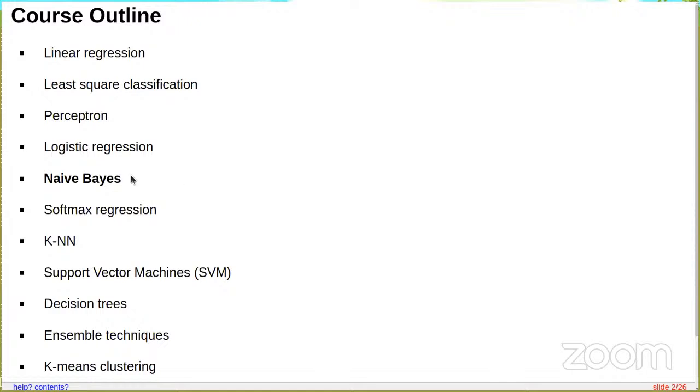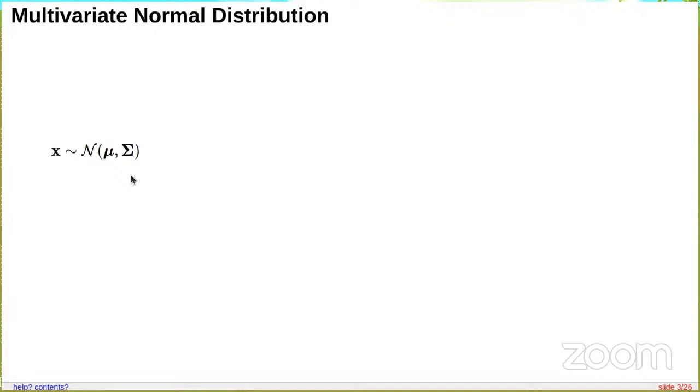So we are in Naive Bayes. The idea in Gaussian Naive Bayes is that the features are all real numbers. X is a feature vector with n features, all real numbers.